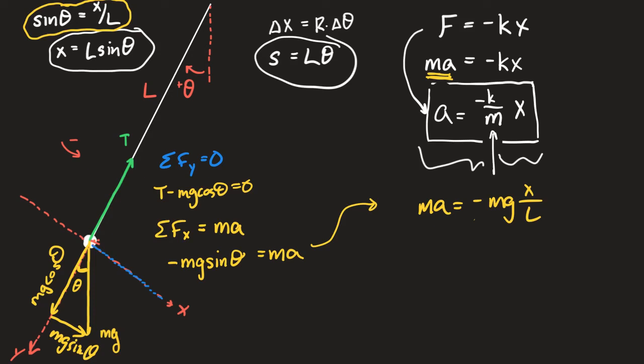In fact, I want to do more than that. I kind of want to go and put the L here. So I'm going to do that. That way, they look really similar, don't they? In fact, I'm going to take away the m that was on both sides. And looky there. You see what I see, right?